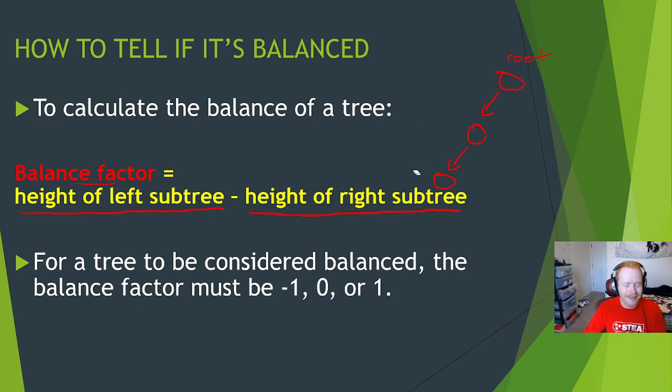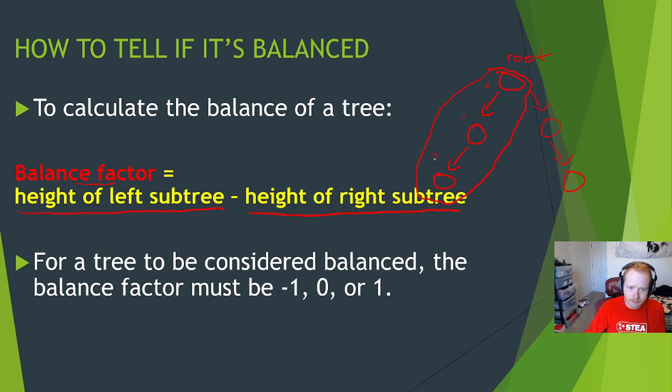Maybe it's 2, but either way, we have some sort of height that we have to worry about. If we have a tree that looks like this, we take a look at the height of the left subtree from our root.